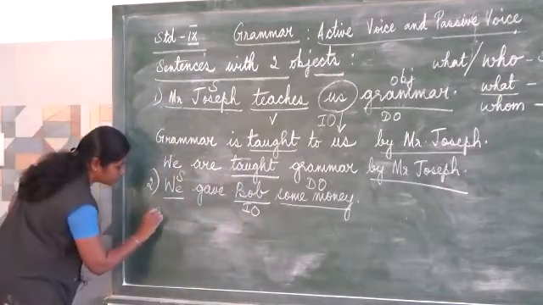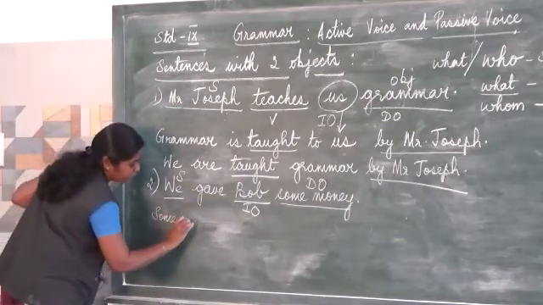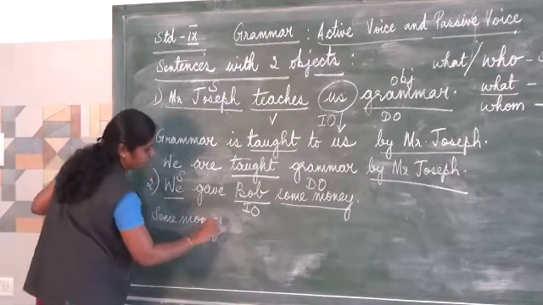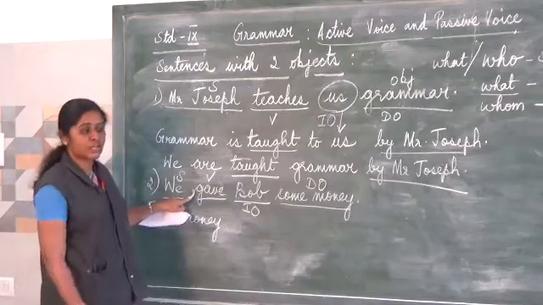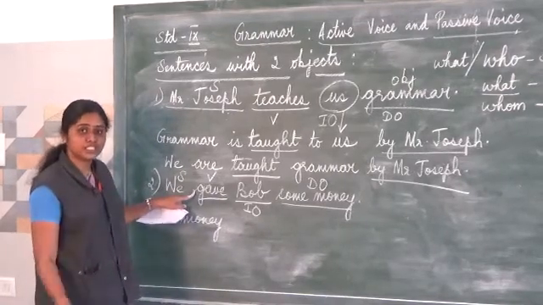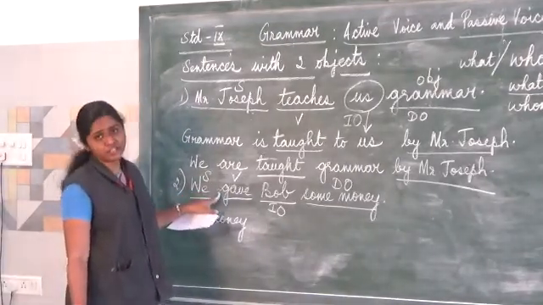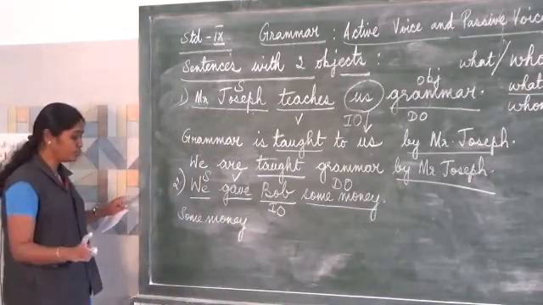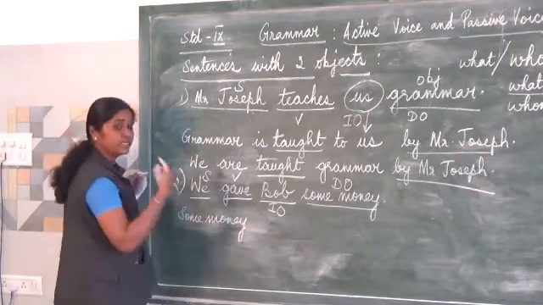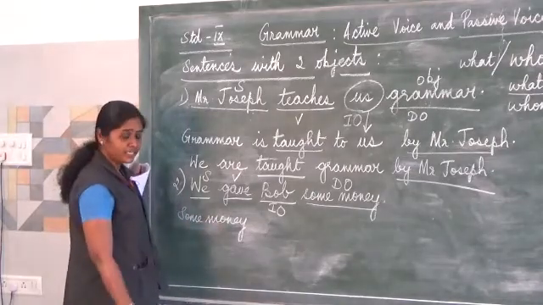So bring the direct object to the front. Some money. Now gave is the verb here, simple past tense. So what are the two possible past tense forms? Was given, were given. Was is for singular, were is for plural. Now some money you have to consider as singular only.